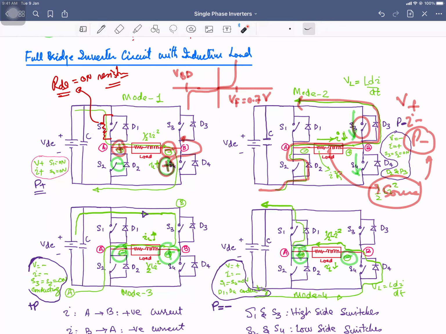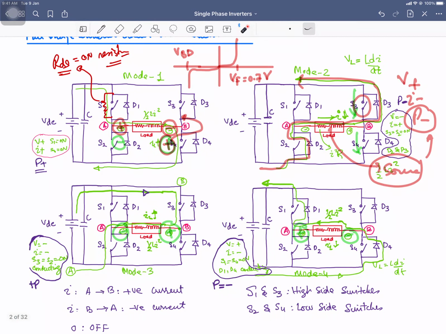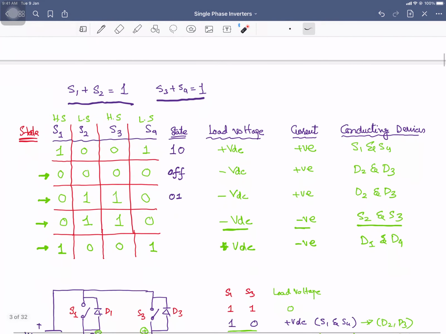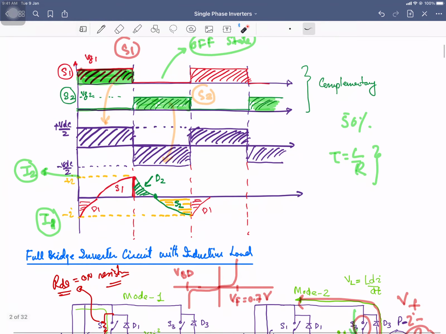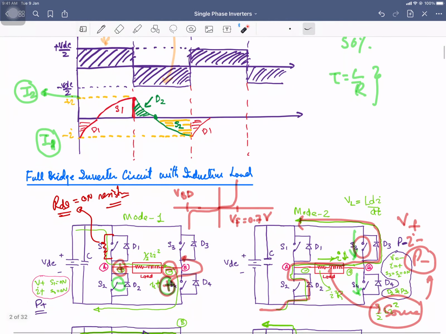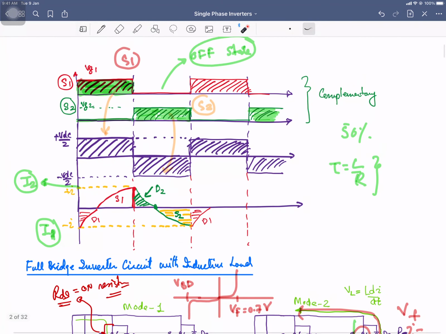And when you turn on the switches S3 and S2, you will be getting the opposite voltage for that interval of time. So the waveforms will be exactly the same. You are applying the gate voltage to S1 as well as to S4. So I am going to write it over here, S1 plus S4.